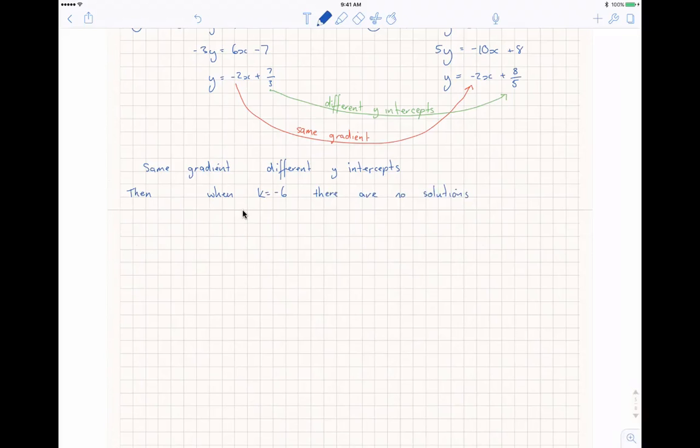The reason being, because they have the same gradient and different y-intercepts, it must mean that they're parallel, but they're not lying on top of each other, so therefore no solutions. So that answers part B.